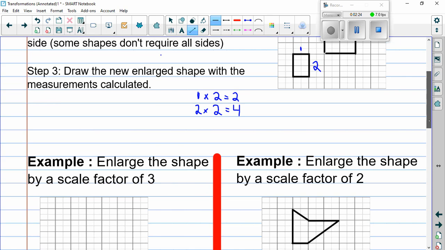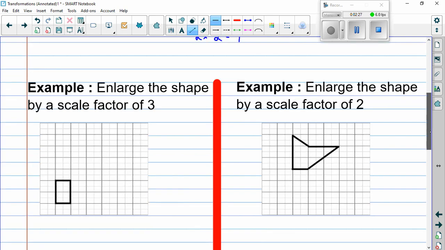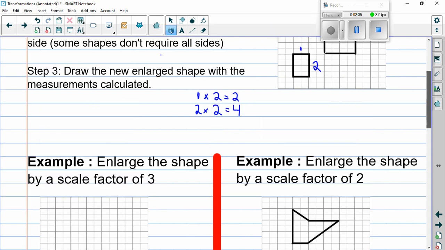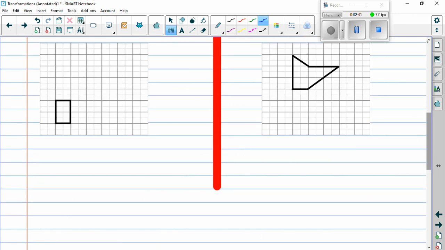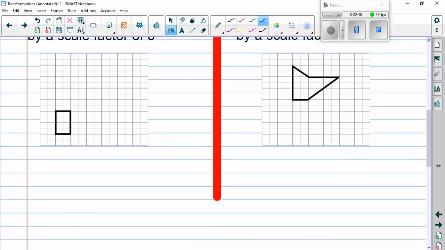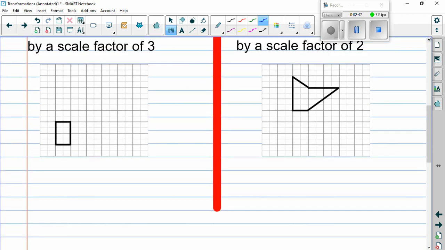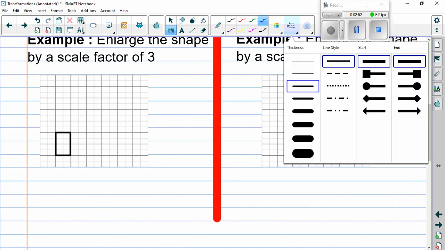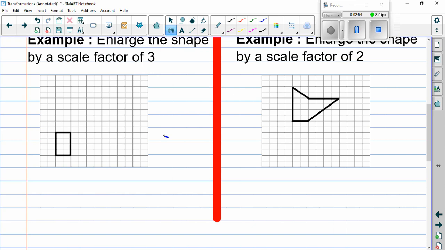So moving on, we'll look at another example here. Looking at the left example, we want to enlarge the shape by a scale factor of 3. Once again, we want to label what our sides are. Let's just do both of our examples at the same time.